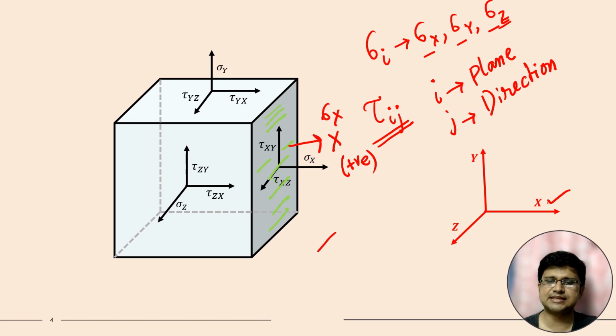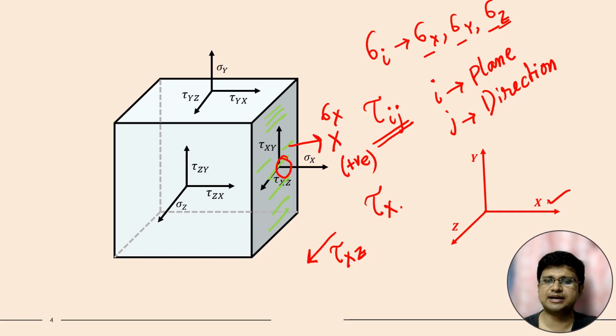If the shear stress is acting along the positive z direction, it will be tau xz, because this plane is the plane of x. For any shear stress over this plane, the first term will always be x.